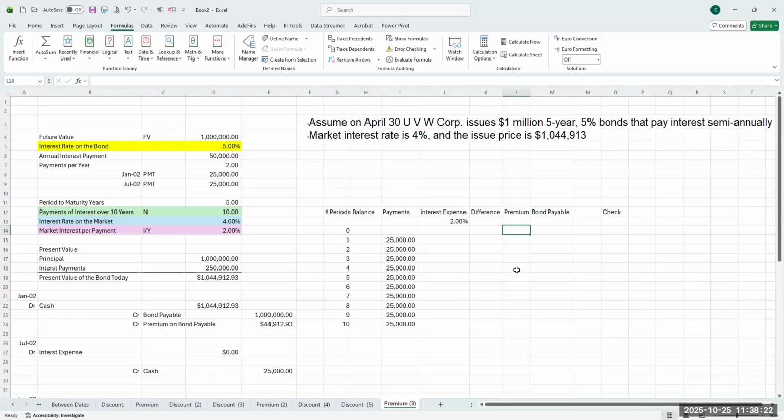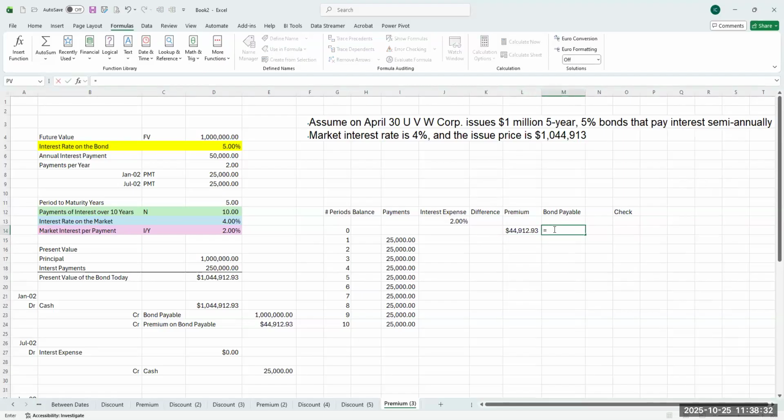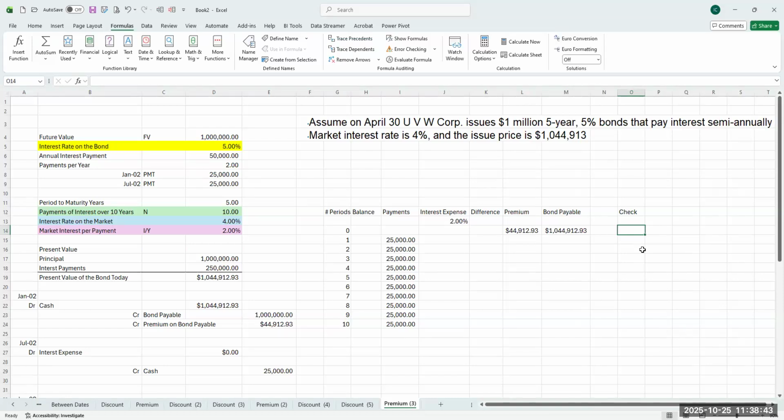So the premium we already calculated at the time when we issued the bonds, 44,912.93. And that brings the bonds payable to this amount. So our check here, compared to the discount, will be bonds payable minus the premium.